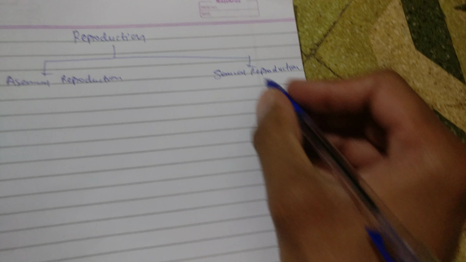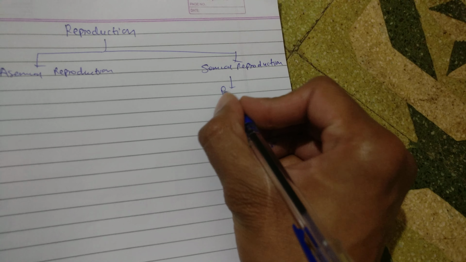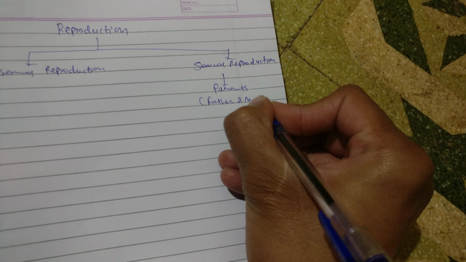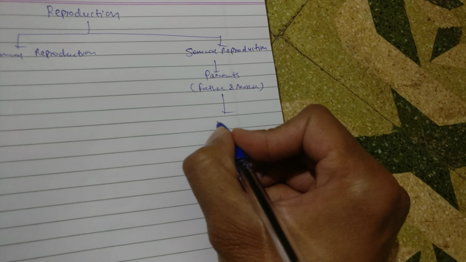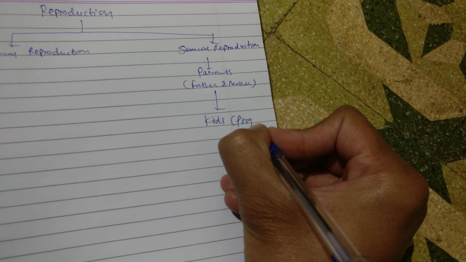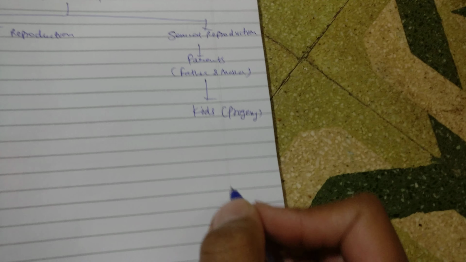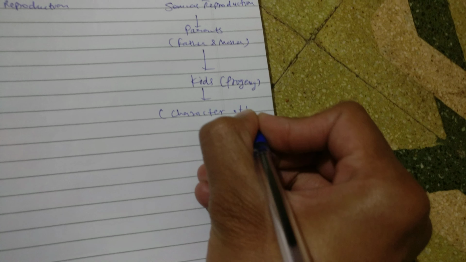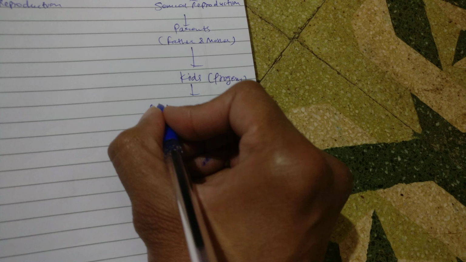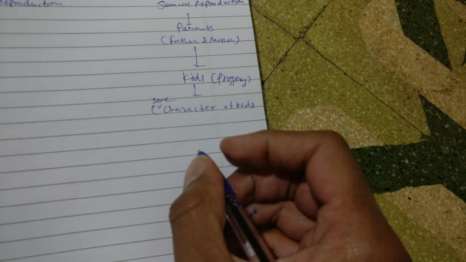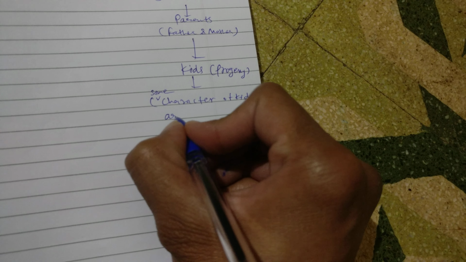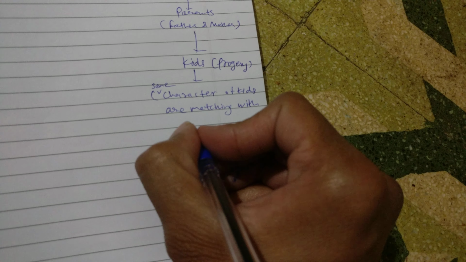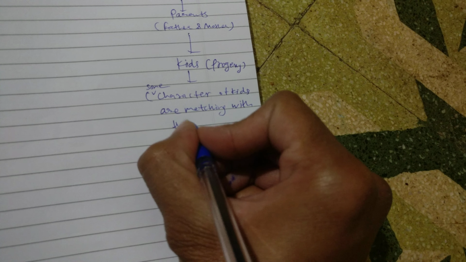In sexual reproduction, parents, that is father and mother, form their kids, or we can say progeny, and some characters of the kids or progeny are matching with their parents.